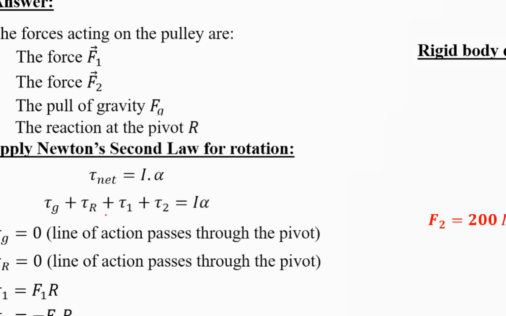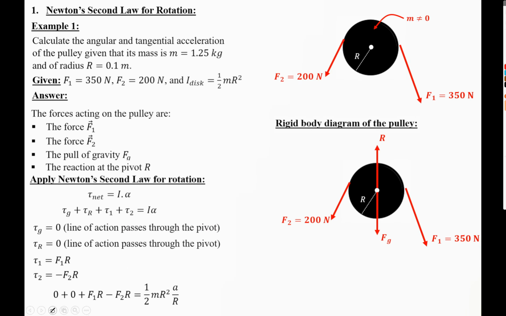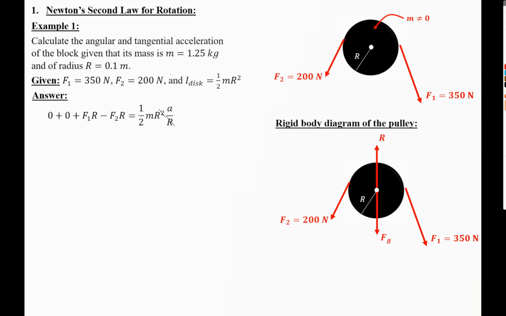We would have F1 multiplied by R minus F2 multiplied by R. The moment of inertia is given by half mR squared, and the tangential acceleration is given by the angular acceleration multiplied by R, so alpha would be given by a divided by R, and we would have the following equality. Now here R cancels with the power of 2, which means that F1R minus F2R is equal to half mR multiplied by a, and we can again cancel R.